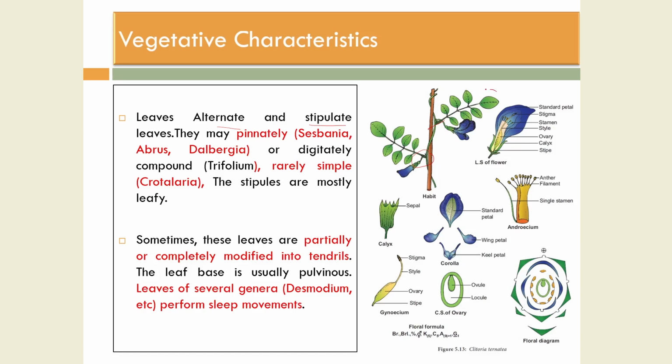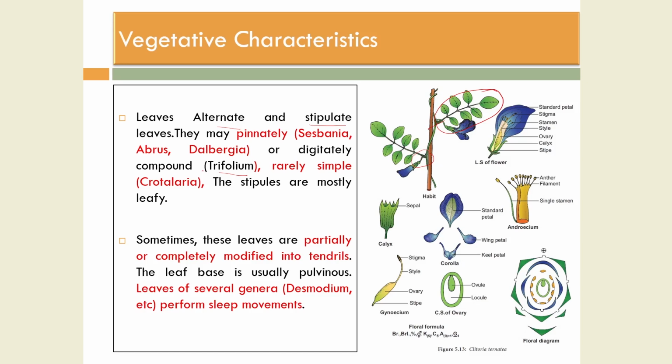As you can see, these are pinnately compound leaves, where the leaf is divided into leaflets. So they are generally pinnately compound or sometimes digitately compound as in Trifolium, but sometimes also there will be simple leaves.